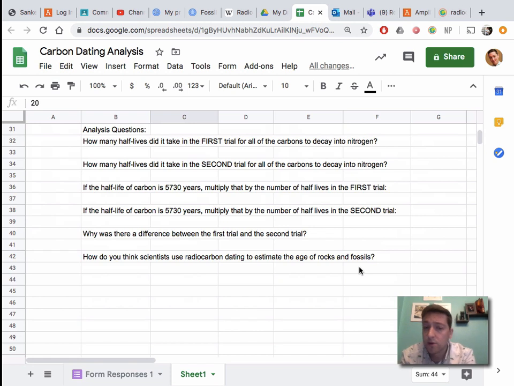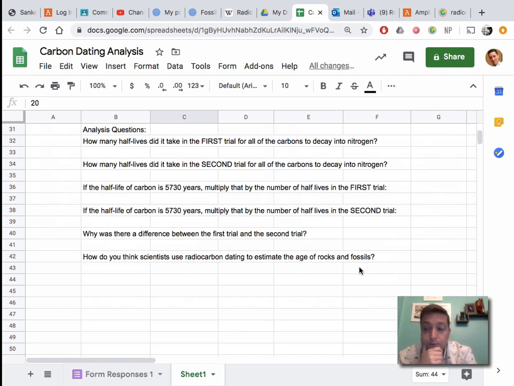This is the most important question. You can just summarize what I said earlier in the video. Basically, you take a sample of your fossil or rock, and you see how much carbon-14 isotope is in it.